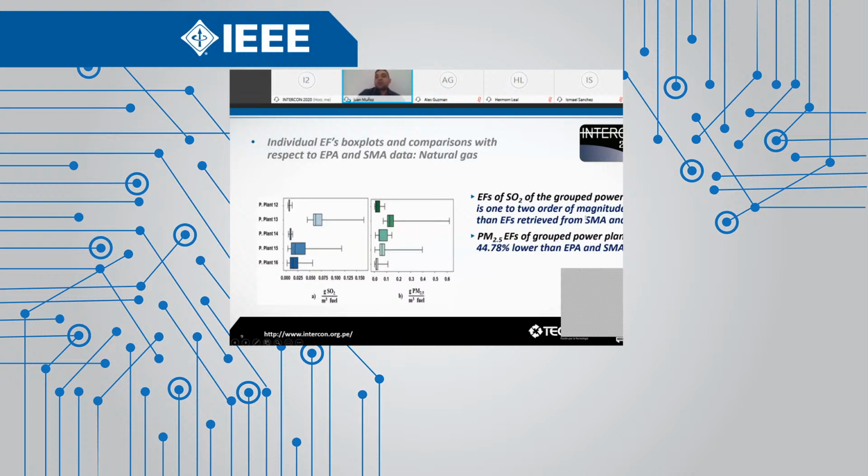So in this case, it's not conservative with respect to SMA and EPA. In the case of PM, yeah, it's lower. So we have lower and higher values. So we need to decide when to use this emission factor in a conservative way, and when not to.